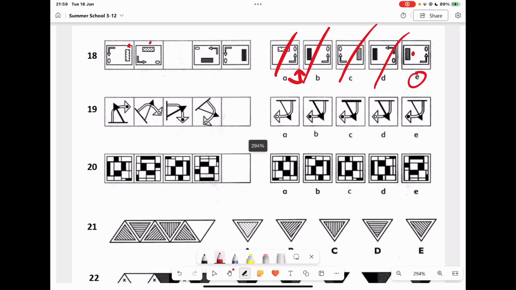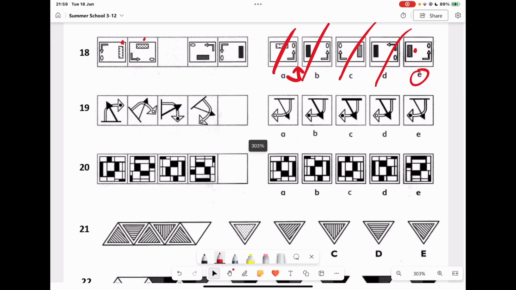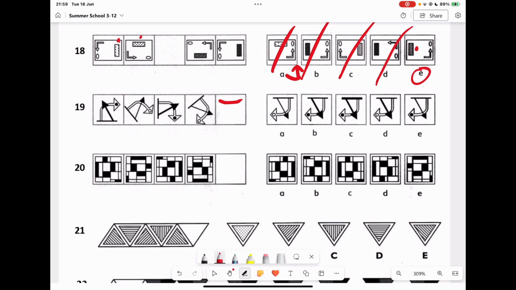Okay, so for question 19, the shape is being rotated 45 degrees clockwise each time. So we can expect the line to be at the top, and that's the case in all of our options. We can expect the arrow to be pointing this way, and then we can expect our dot to be black.